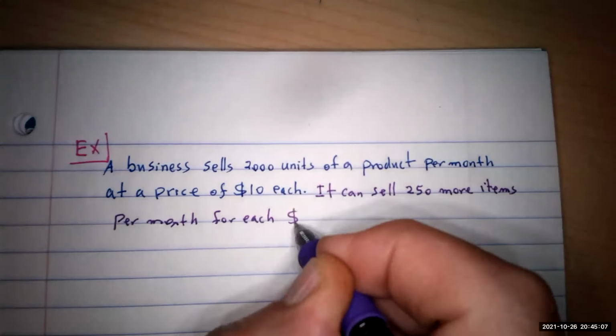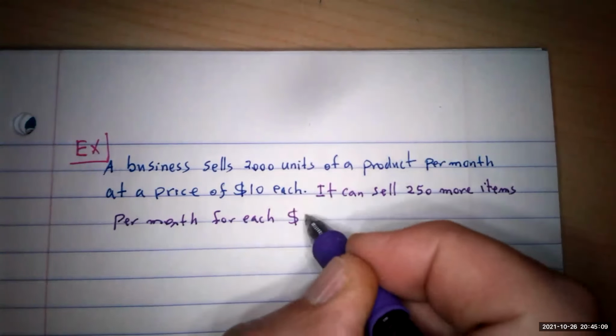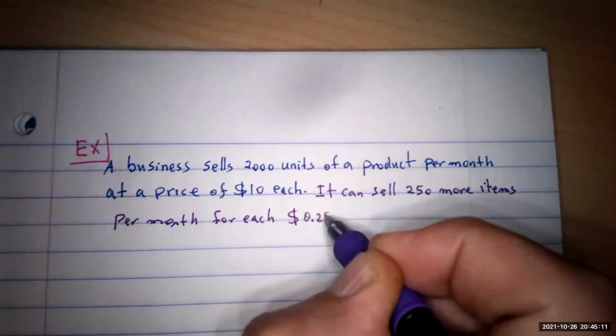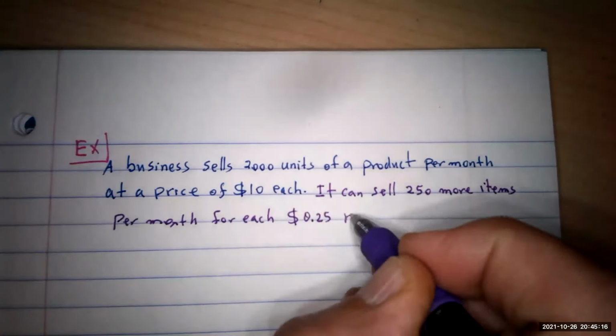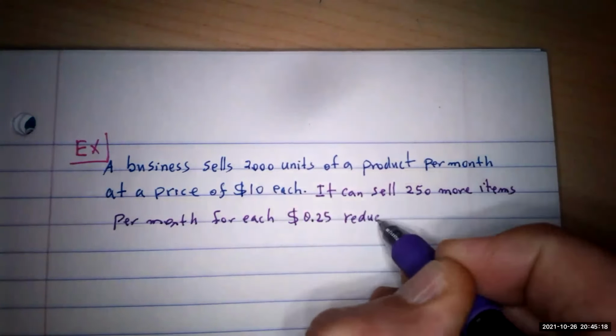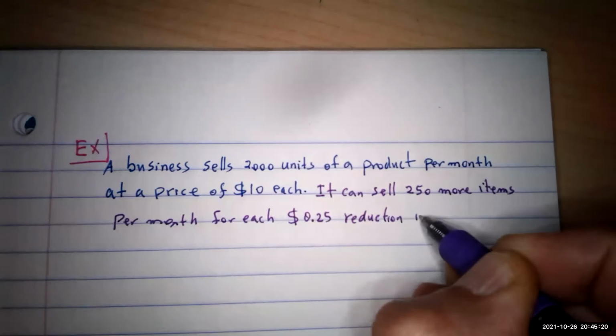So I'm going to write it down in dollars, 0.25 or just 25 cents. A reduction in price.